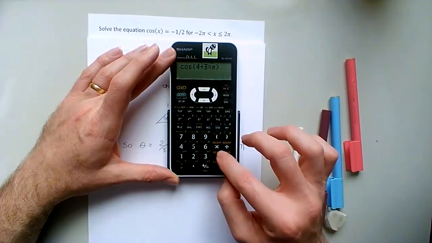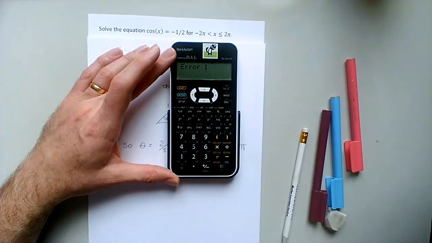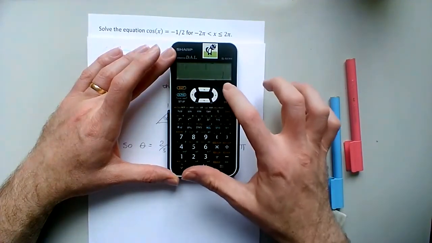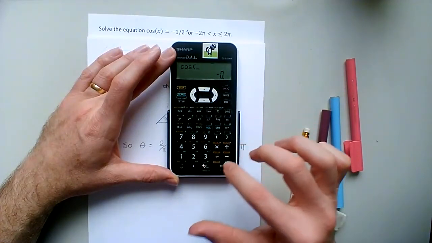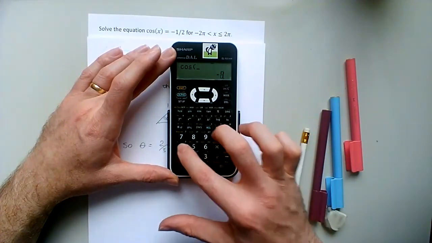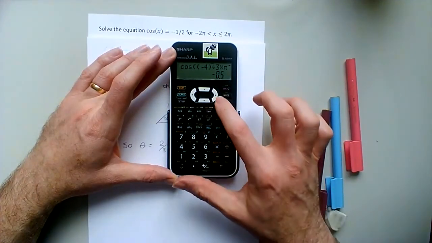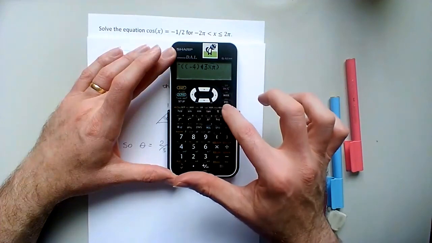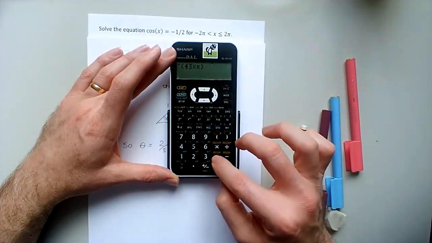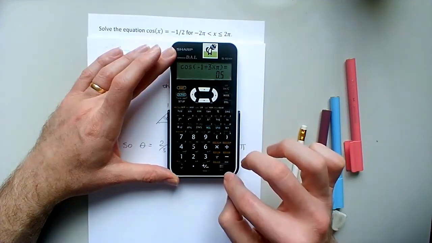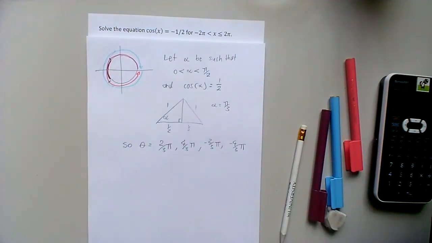If I change that to minus 4/3 of pi, oh, what's the deal with that? It's the wrong minus. Minus a half, and minus 1. Yep, okay, cool. So they all work, and I expect there to be 4 of them, so that's great.